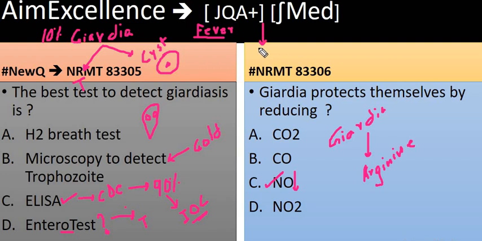It can lead to dehydration and weight loss, but fever is generally not seen, and neither is dysentery, because it's not invasive. So fever and dysentery are not generally seen in cases of giardiasis.